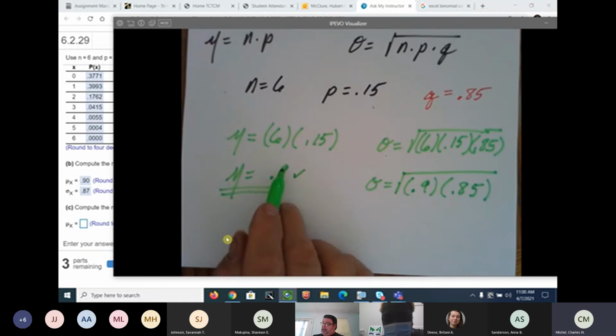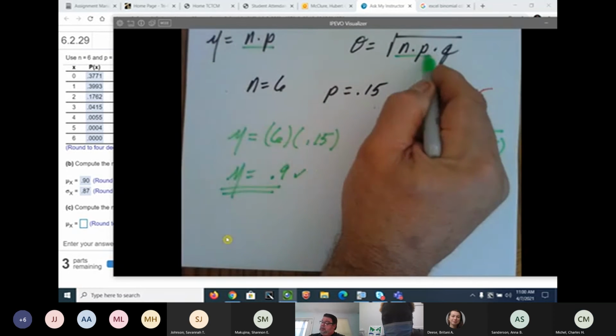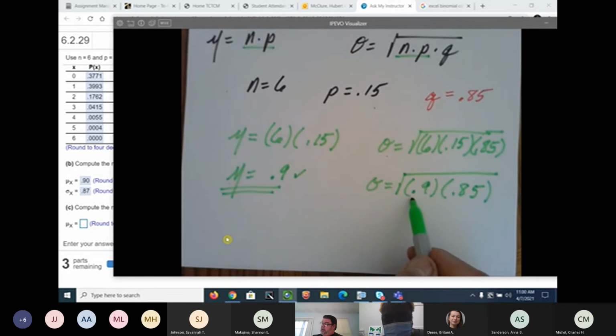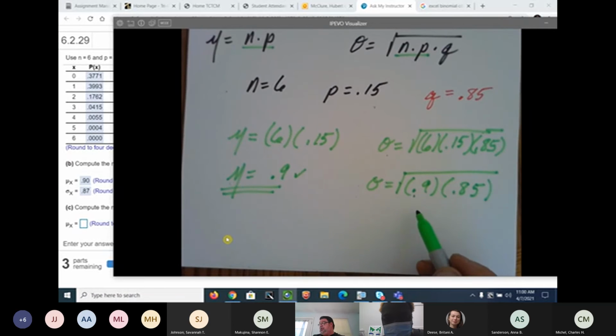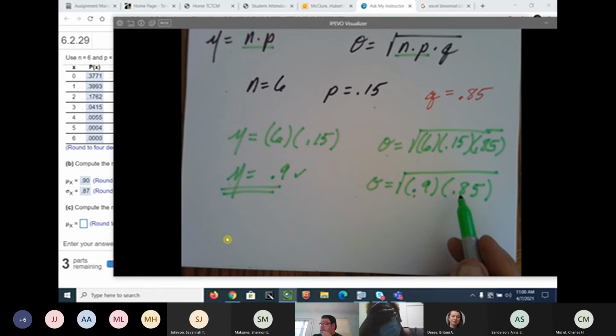Now since this is n times p, I'm going to put that 0.9 right there. 10% of 0.9 would be 0.09. 9 cents times 8, that's 72 cents. And 72 cents, that'd be 0.765. Somebody tell me if it's 0.765.